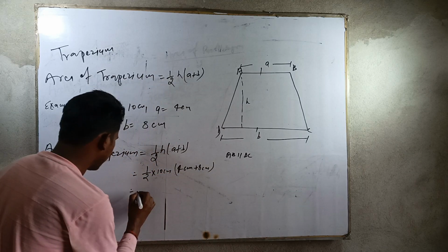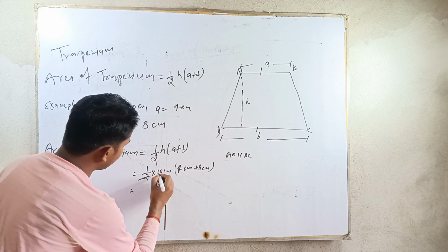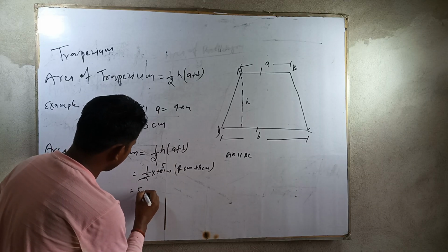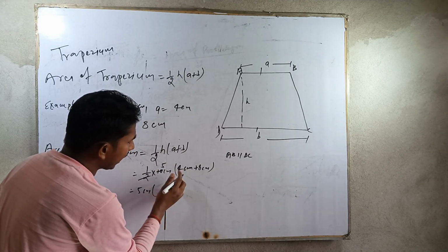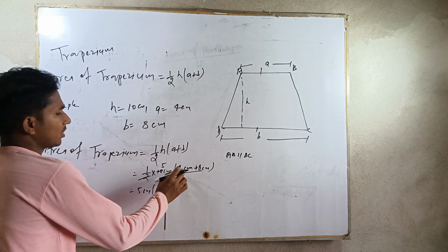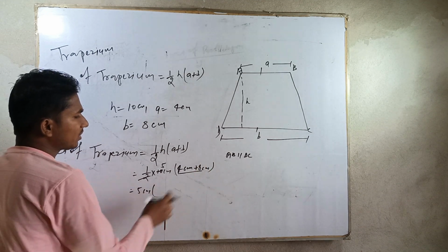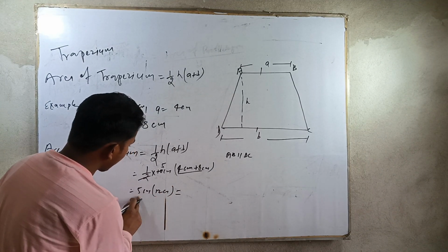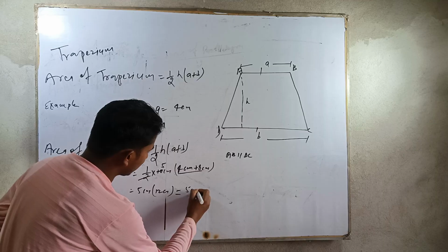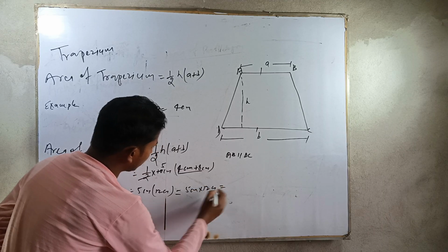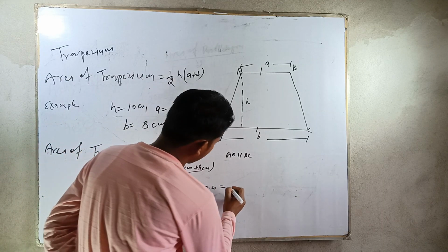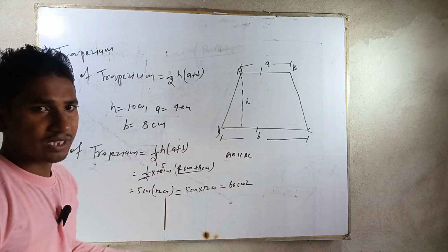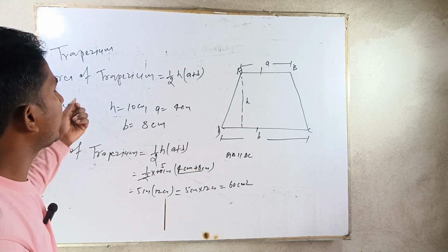If I solve this, 2 5s are 10, that means its one is 5 centimeter, and now both should be added. 8 plus 4 is 12 centimeter. Now 5 centimeter cross 12 centimeter, that means 12 5s are 60 centimeter square.